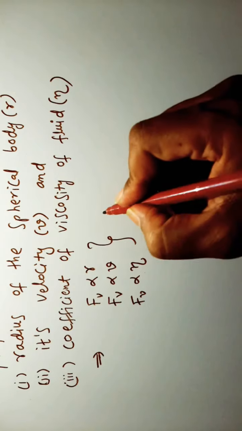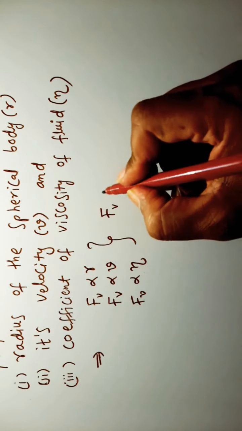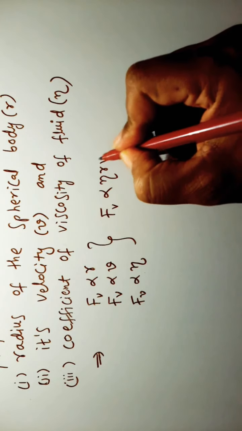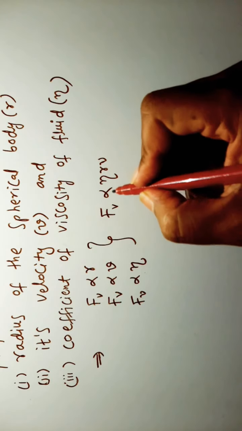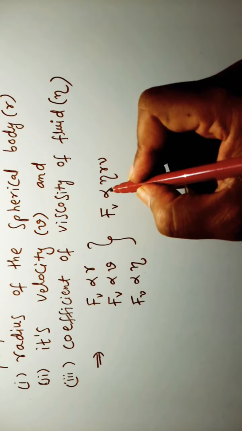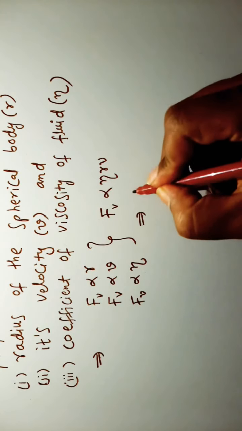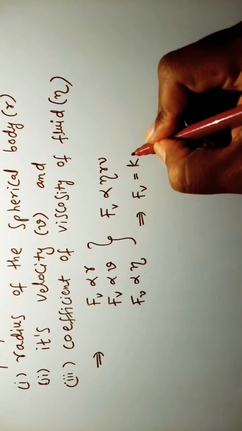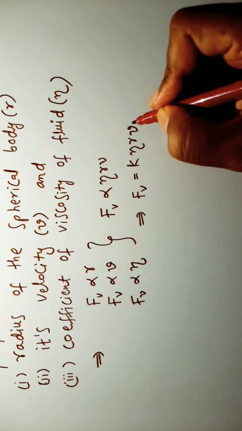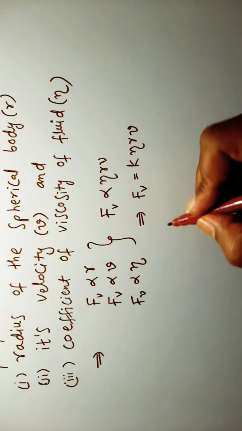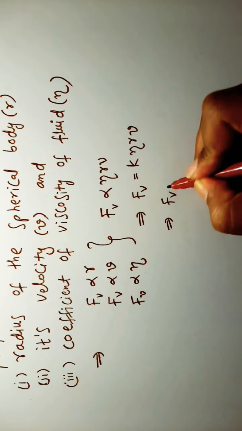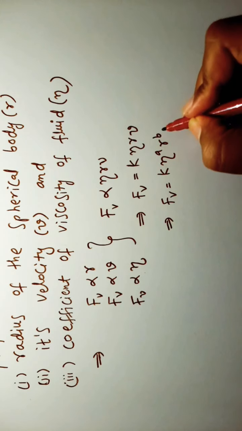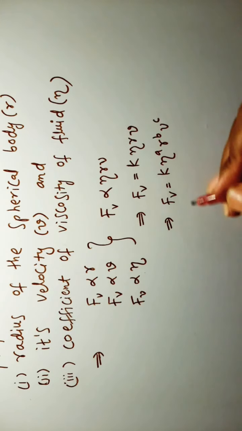So from this we can write Fv is proportional to eta R V. If we remove proportionality, we have to take a constant. So Fv is equal to some k into eta R V. We can write Fv is equal to k into eta to the power A, R to the power B, V to the power C.